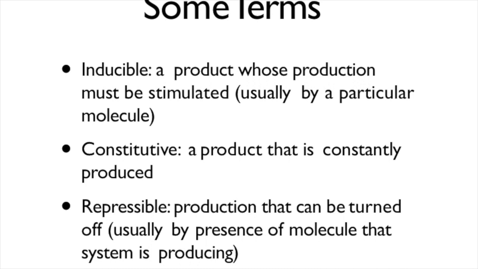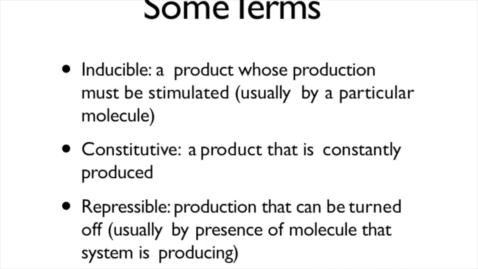And under this type of control, a gene is consistently expressed, so transcribed and translated, unless a molecule interacts with that locus and shuts down transcription. Okay? And so in this case, you can see it's usually shut down by the presence of the molecule that the system is producing.